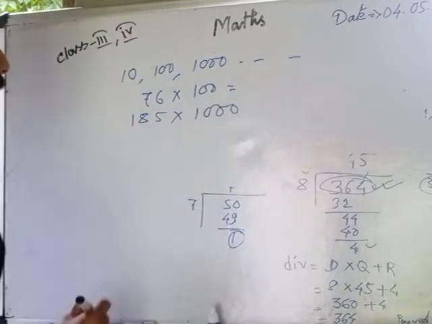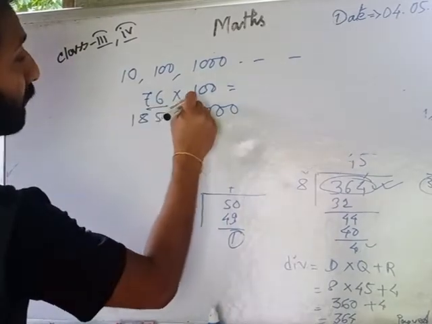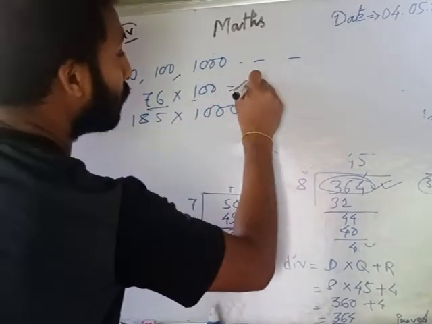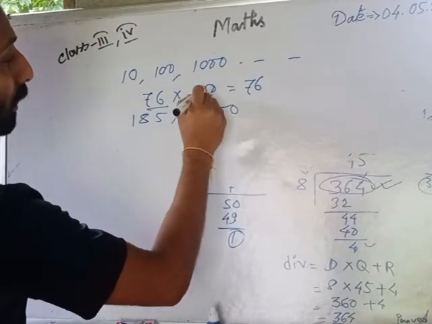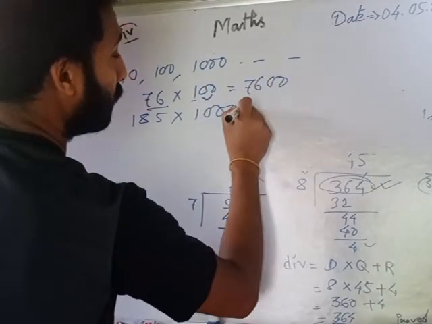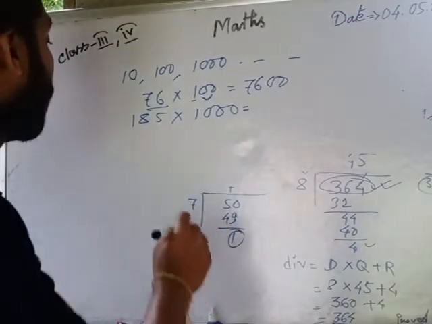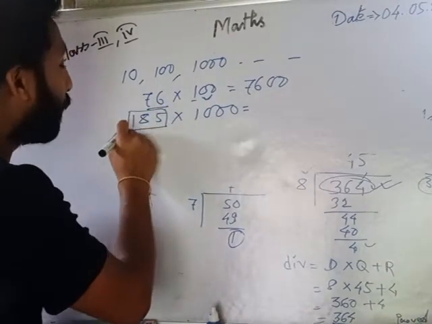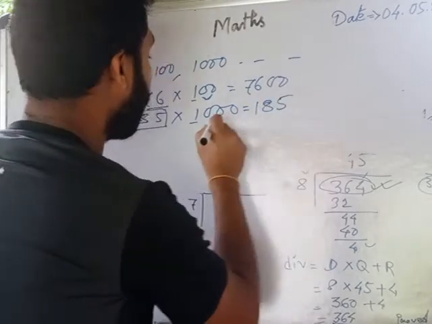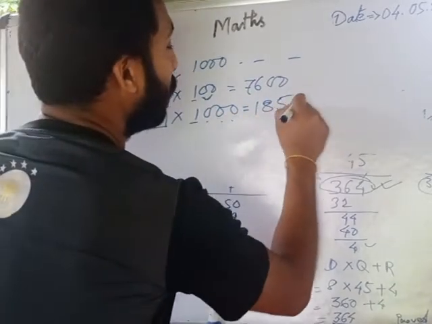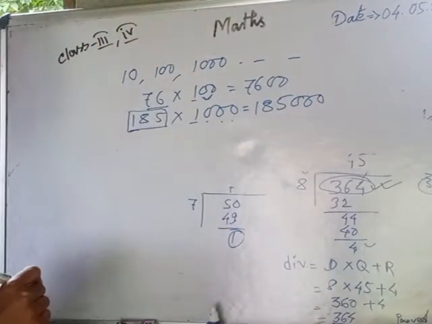The same. At first we multiply 76 with 1, that is also 76. After that, 2 zeros here. So we write 2 zeros. Okay. If it is 185 multiplied with 1, that is also 185. After that, 1, 2, 3 zeros. So we write 3 zeros.